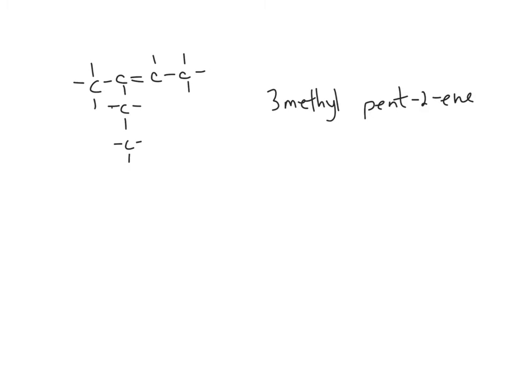So you've got 1 carbon side group, so that's a methyl. And then your double bond starts after carbon number 2. So it's pent-2-ene.